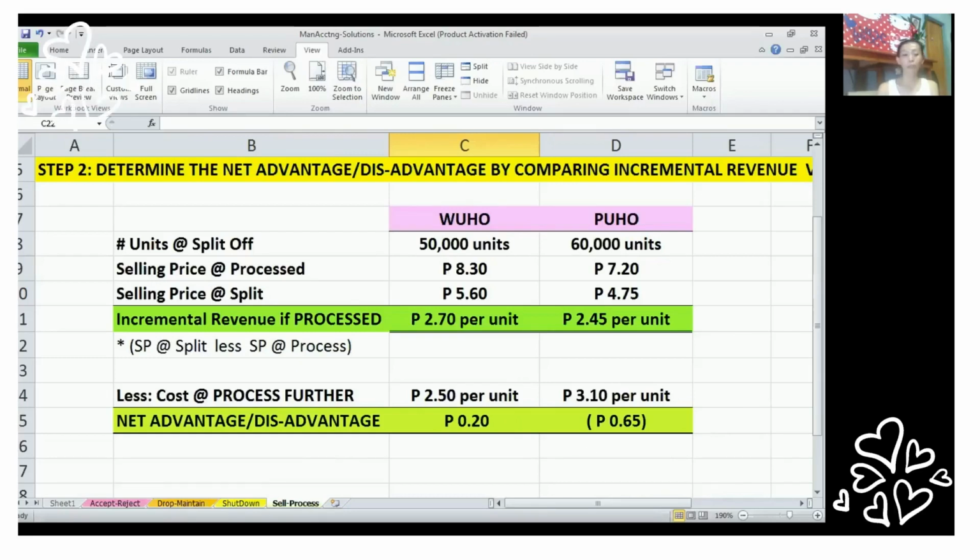So, go back with our question. Our question is asking us what is the product. Unsay product nga si Puhu ba or si Puhu ba ang i-process further. So, on those data and those calculations, I know na dili na mo maglisod.